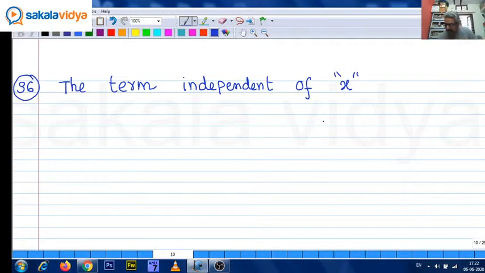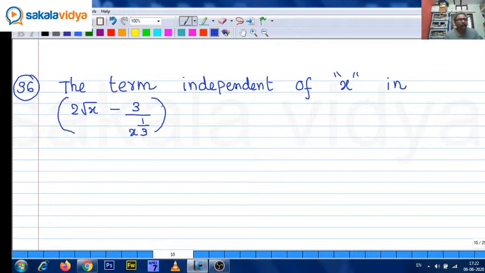The term independent of x in (2 root x minus 3 upon x to the power of 1 by 3) whole to the power of 20 is. Independent term or constant term or absolute term, both are same.